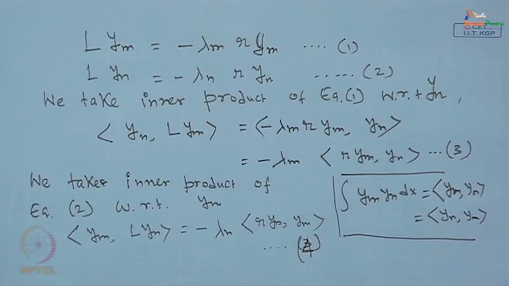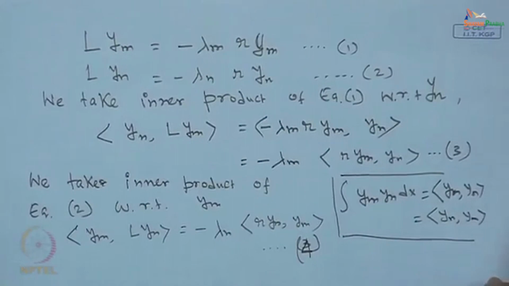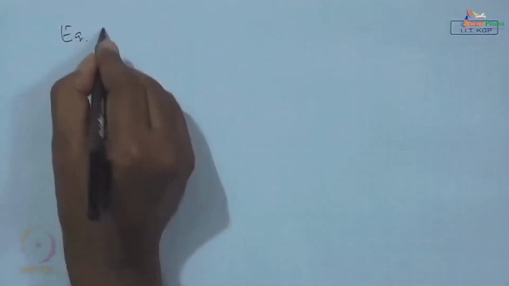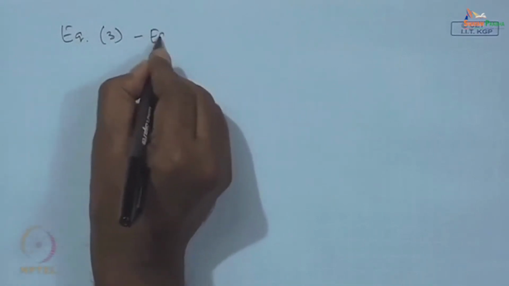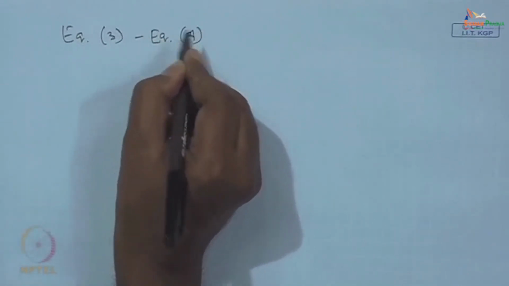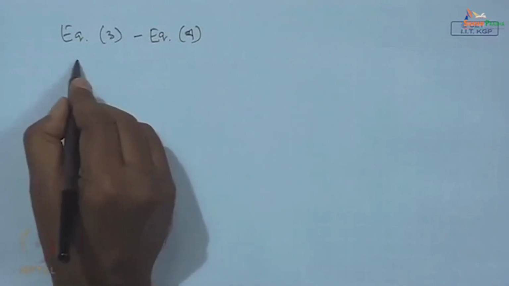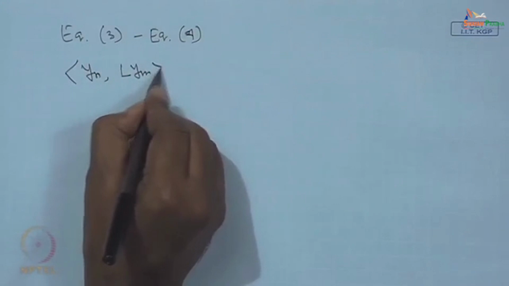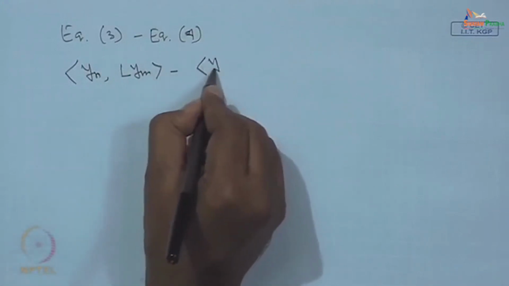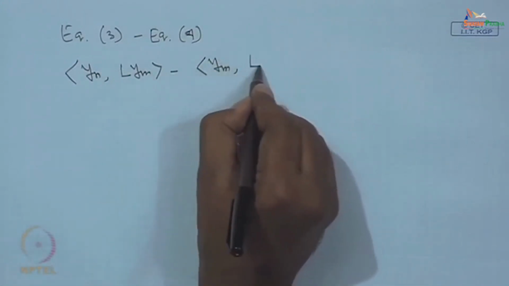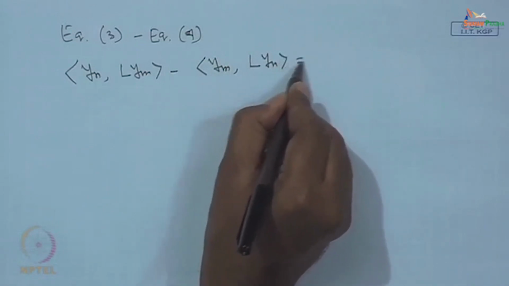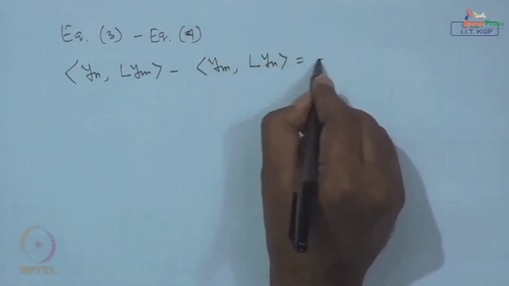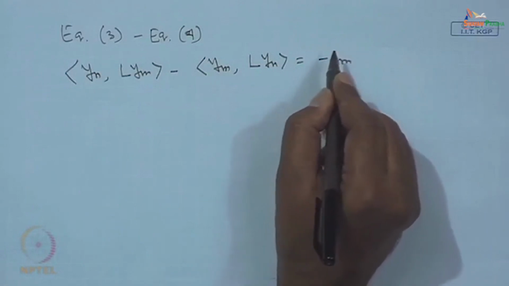Now, what do we do? We subtract equation number 4 from equation 3 and see what we get. If we subtract equation 4 from equation 3, we will get the inner product of yn and L ym minus the inner product of ym and L yn, and this will be minus lambda m.